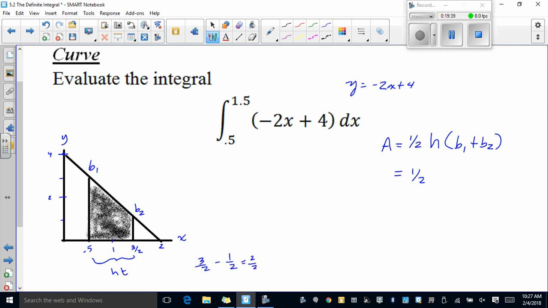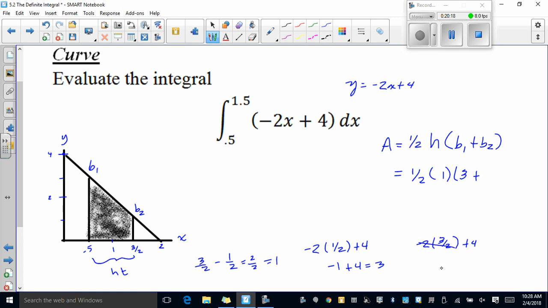So if you do -2 times 1/2 plus 4, you're going to get -1 plus 4, or 3. And then base 2 is going to be negative 2 times 3 halves plus 4. So the 2's are going to cancel out. You get negative 3 plus 4, which is 1. So this gives you 1/2 times 4, or 2. That area there is going to be 2.